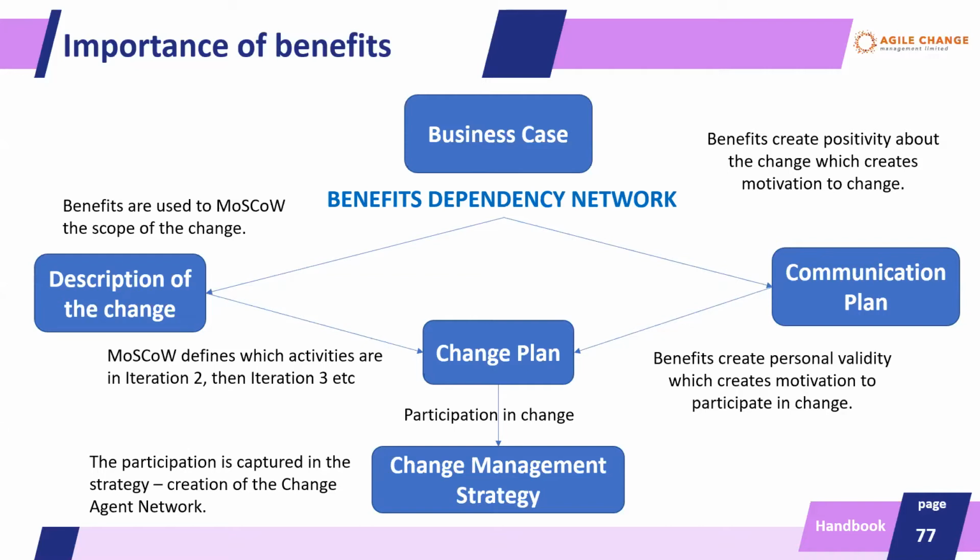And once we understand that sort of roadmap that we're going to deliver, we can also think about the strategy, how we're going to be delivering it. So really, these are all the documents or the collateral, if you like, that we're going to create in iteration 1. And of course, we're going to be reviewing and updating as we move through each of the subsequent iterations. But I think it shows you how important it is that we really understand the benefits of the change.